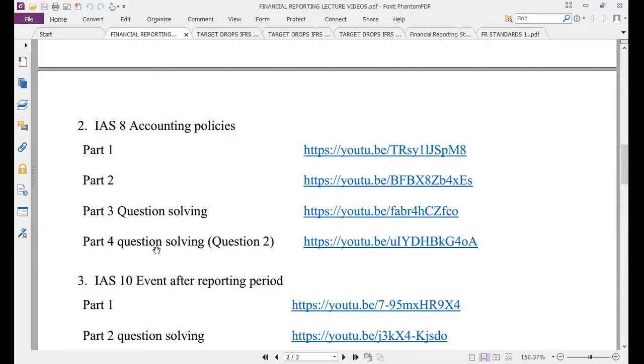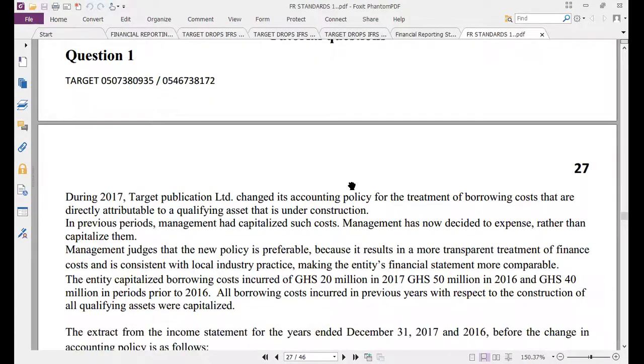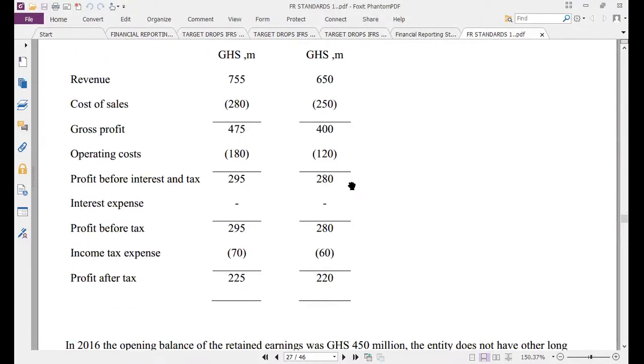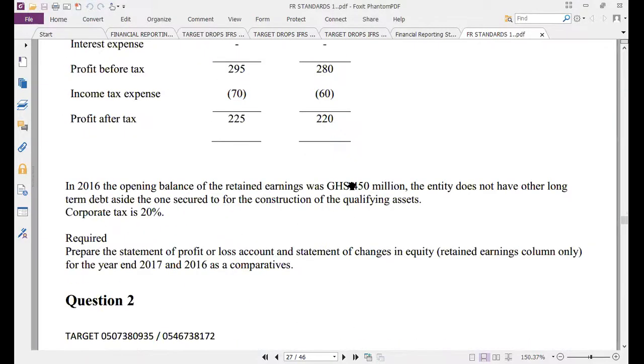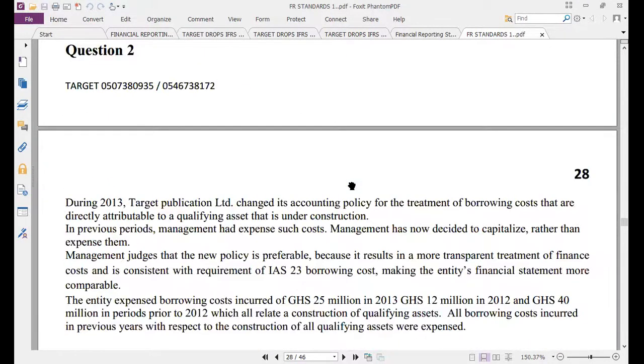Tutorial question 2 is your own, kindly try it.